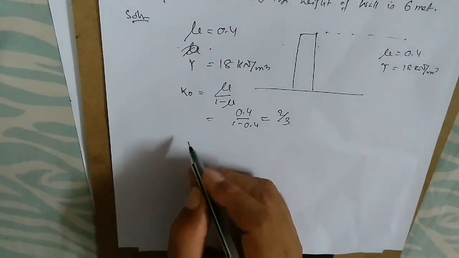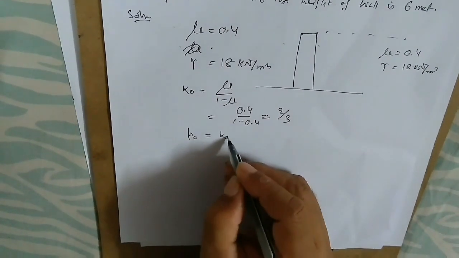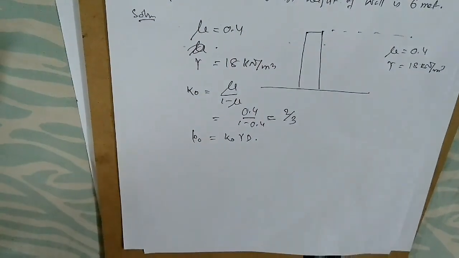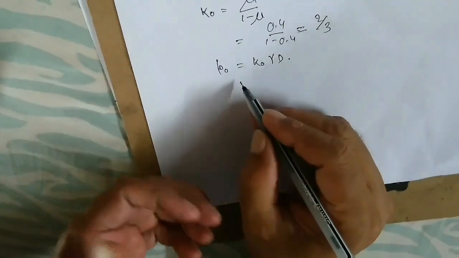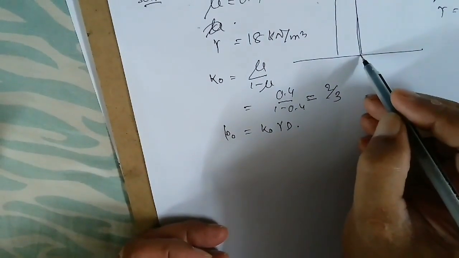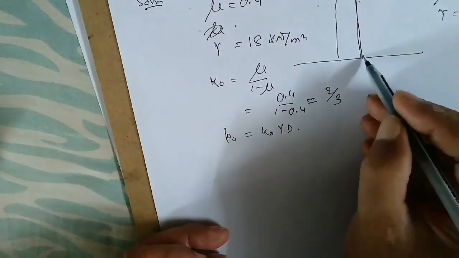Now our earth pressure at rest formula gives P0 is equal to K0 gamma D. This formula will be applied from top to bottom of the vertical wall. From top to bottom, there are only two salient points, top and bottom.